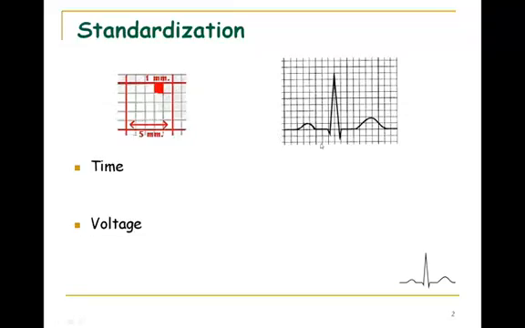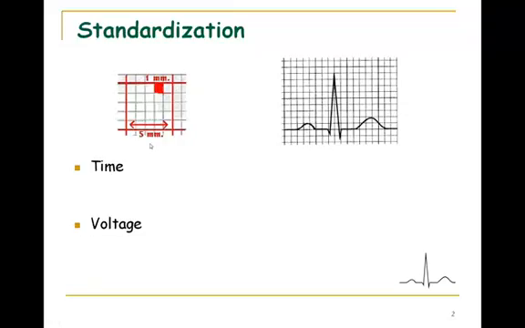You can also determine voltage on the EKG, and you need to look at the vertical axis. Again, this is broken up into 1 millimeter boxes. Every little box represents 0.1 millivolts. So a bigger box, made up of 5 little boxes, would represent a total of 0.5 millivolts.